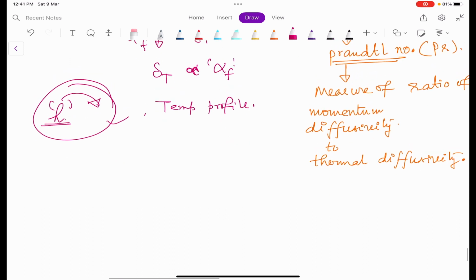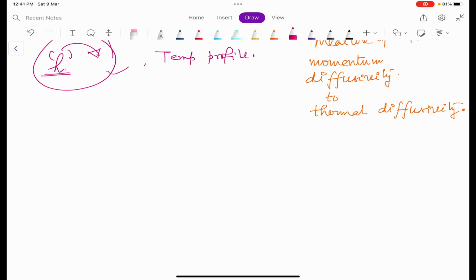So now let us see how we can calculate that.